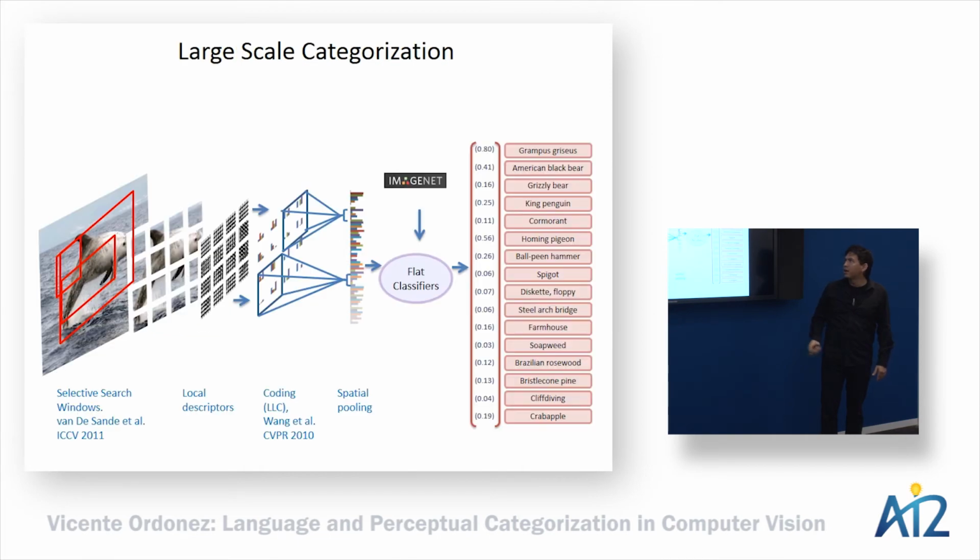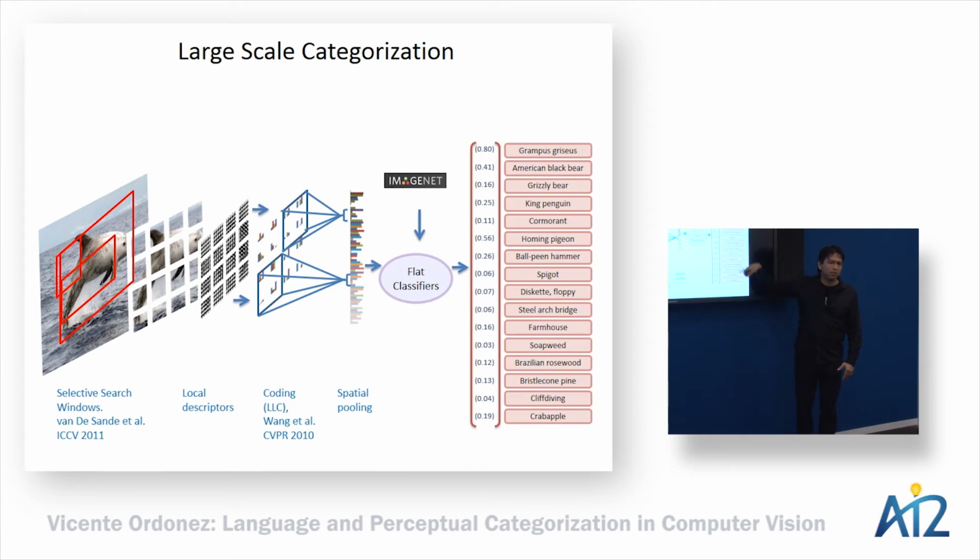And the large-scale categorization system, this is what it looked like when we started working on this in 2013. You have an input image, then you compute a set of local descriptors using gradients, orientations, and histograms, and then you do some spatial pooling and coding, and then you pass that through a set of linear classifiers, any kind of classifiers. And then you come up here with a very large set of noisy predictions for categories.